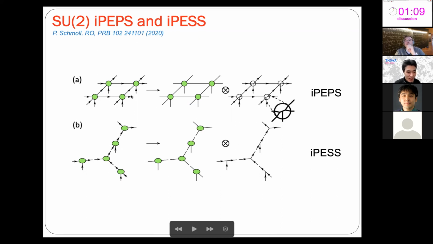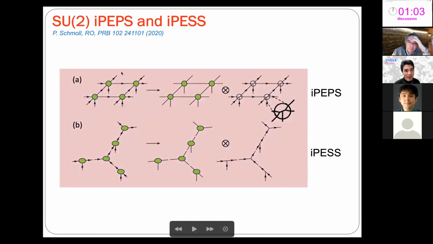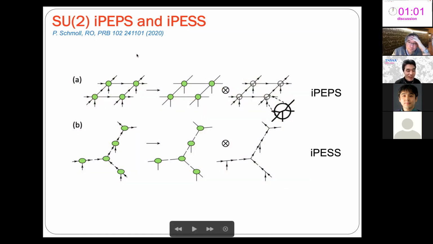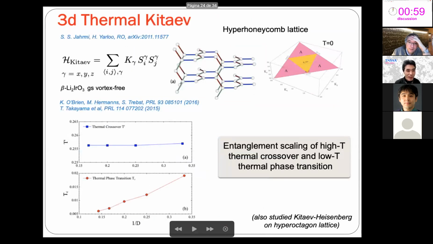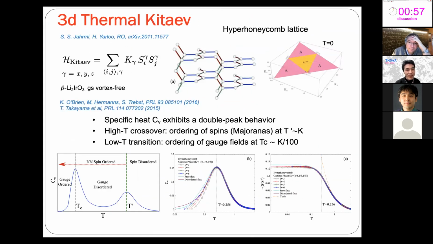Did you try to calculate the second peak structure as in the Kitaev model on the 3D honeycomb lattice? Can you calculate the entropy of this system from your method? Which entropy? The thermal entropy? Yes, thermal entropy.